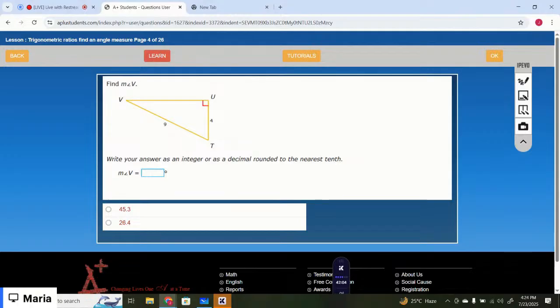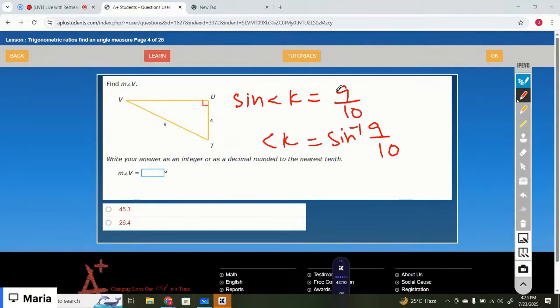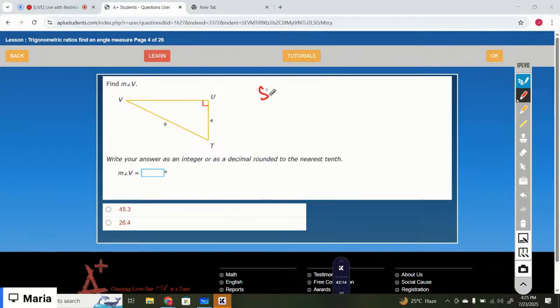Find measurement of angle V. So we have to calculate sine of angle V. That would be 4 over 9.